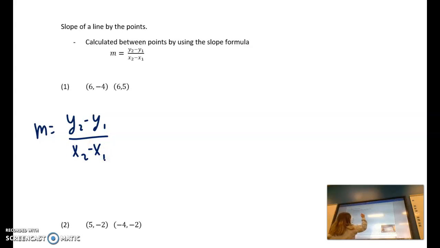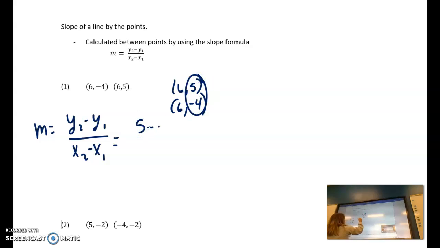And so what we're going to do is we're going to take our coordinates, our second one on top, our first one on the bottom, and we are going to go ahead and subtract these. So subtract your y's, 5 minus negative 4, all over, I need to subtract my x's, 6 minus 6. And notice there is a subtraction sign because you are finding the change in the distance.